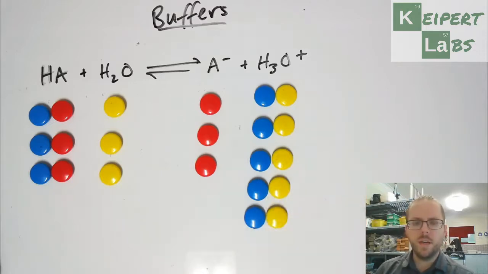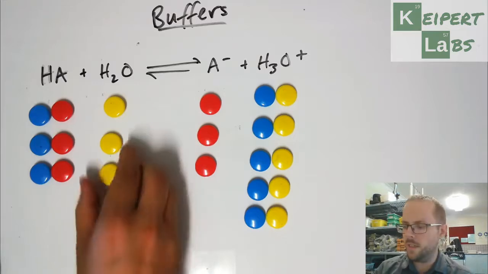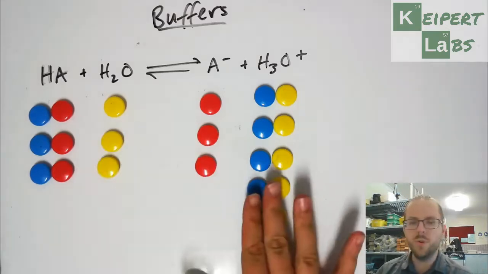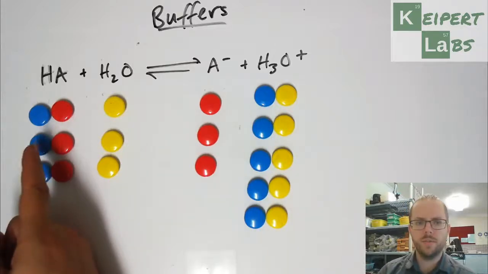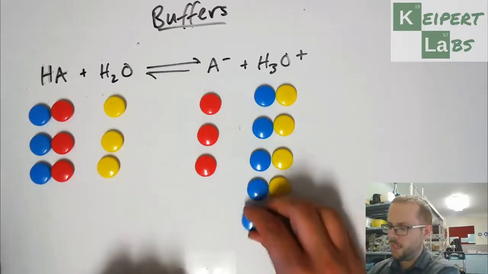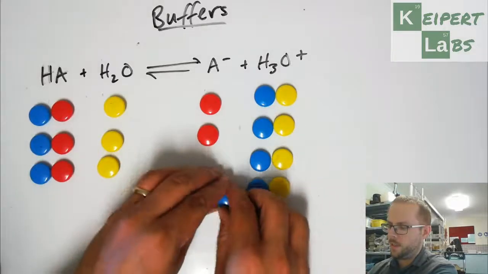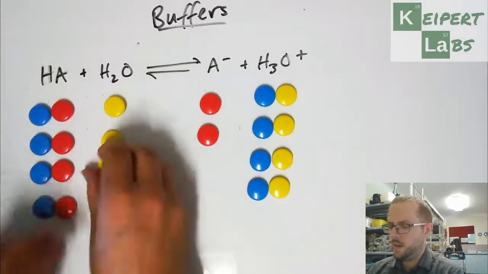What happens is that a buffer can work to minimize the pH change because this equilibrium can shift. It shifts to try and remove the added H3O plus, and so it will move to the left. So we need to try and take this out so we can get it to combine with that.